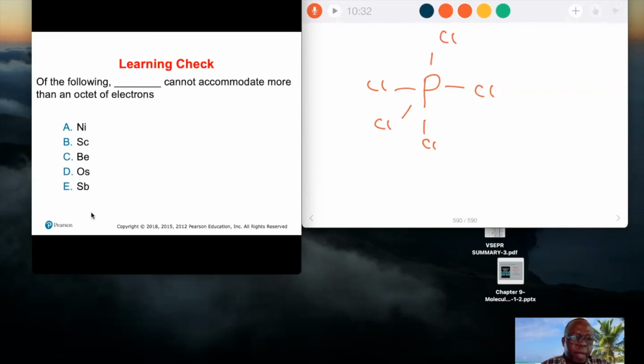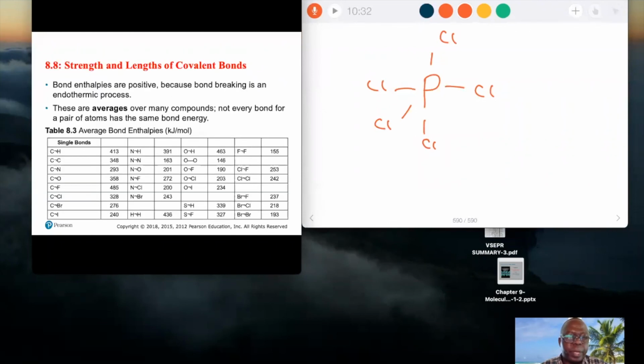They can have an expanded octet. They are all on row 3 and below. So the correct answer for this is C, Be for beryllium.